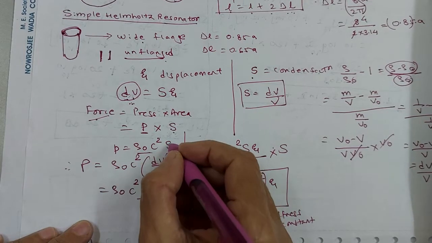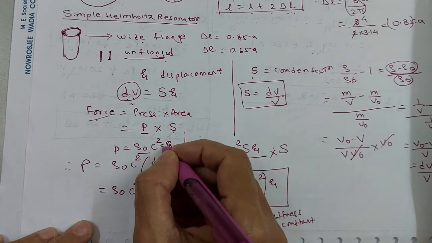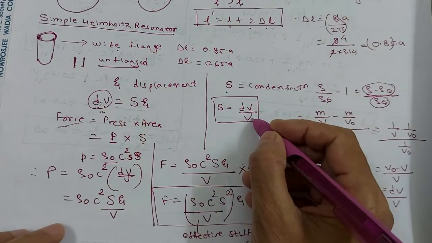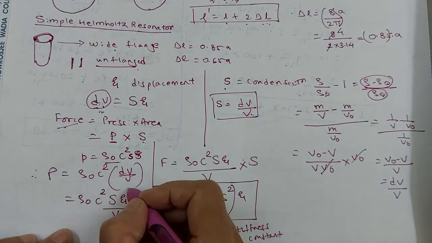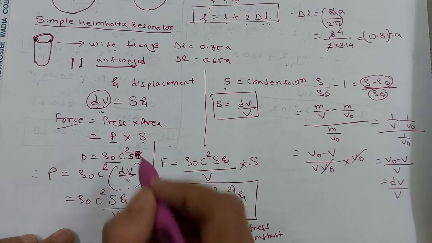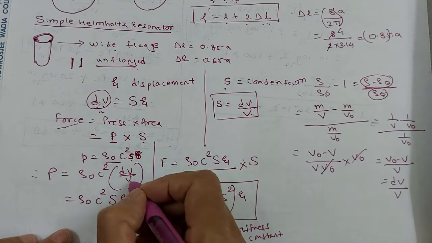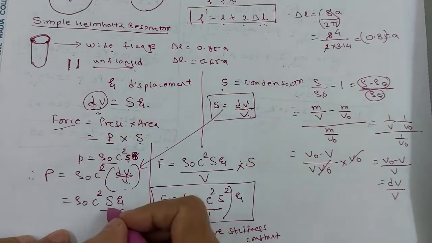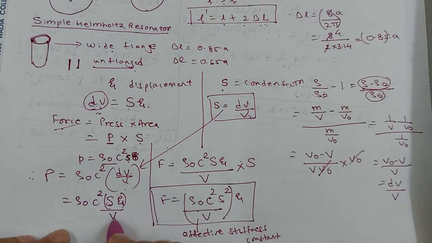Here I should have made a small s, which was the condensation value I told you, dV by V. By mistake I put a capital S, so that should be a small s. This small s is dV by V, and this dV is S zeta, which comes over here, into V.